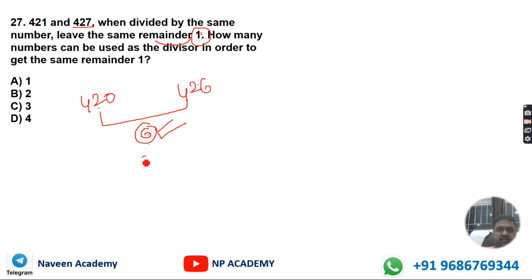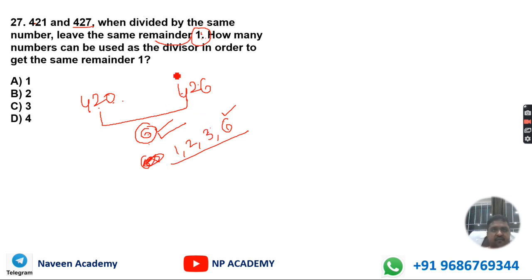Then if we split 6 into factors, factors of 6 are 1, 2, 3, 6. These are all the factors of 6, my dear friends. So 420 is divisible by 6, 426 divisible by 6, 420 divisible by 3, 426 divisible by 3, like that.